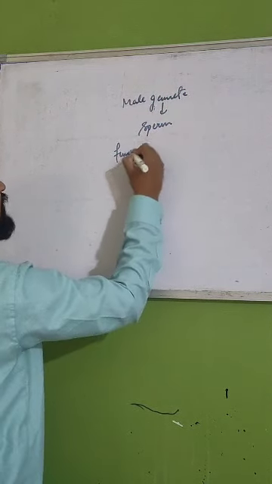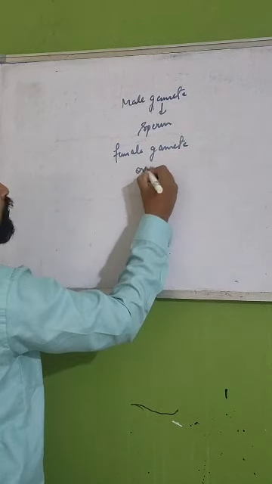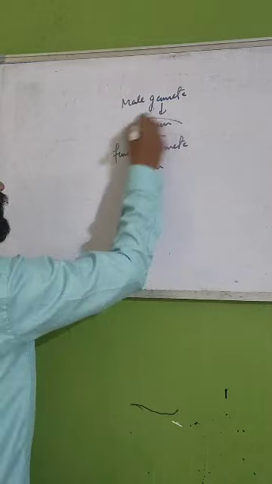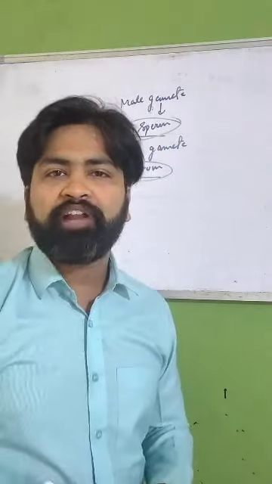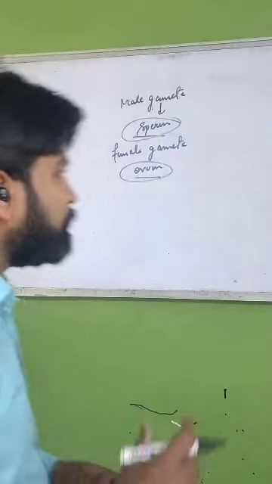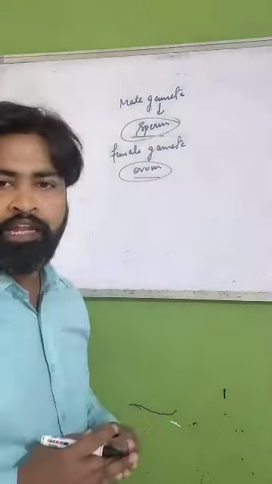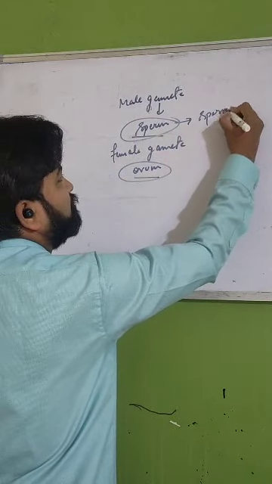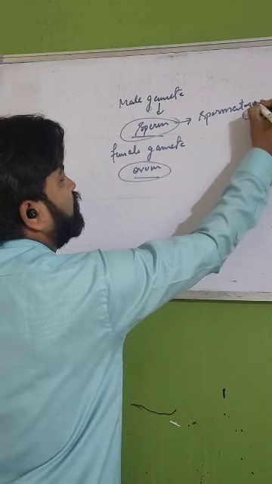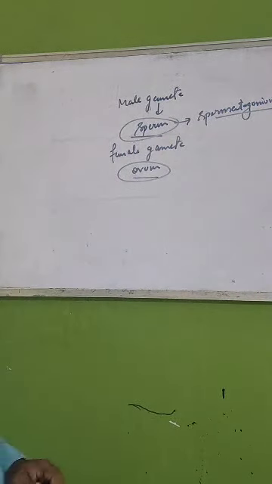And if we talk about female gamete, it is ovum. And these sperm and ovum are produced from the primary cells or primary reproductive cells. In case of male, the primary reproductive cell is spermatogonium, or we can say the germ cell.